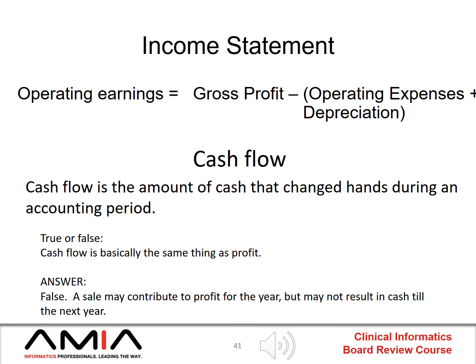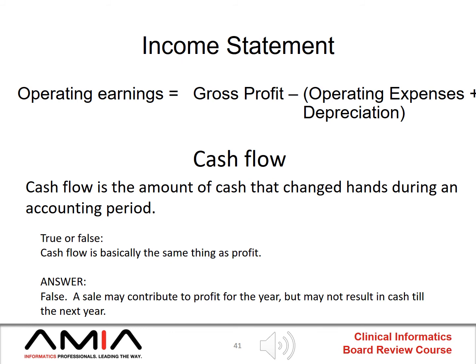Cash flow is another concept that we refer to quite frequently, and here is the definition. It's the amount of cash that changed hands during an accounting period. So it's the cash that changed hands. So true or false, cash flow is basically the same thing as profit, and the answer is false.